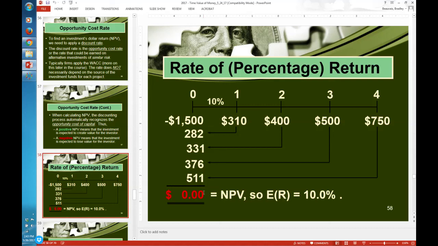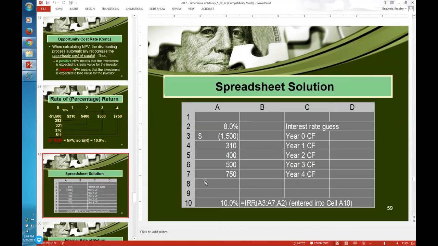We can do this manually, playing around with the different numbers to come up with the exact discount rate, out to whatever digit we need, that makes this happen. Of course, we can also use Excel to do that heavy lifting. Here we use what's called the internal rate of return, or equals IRR.